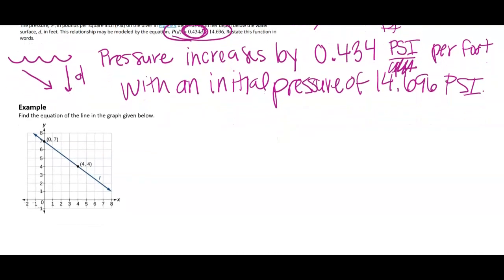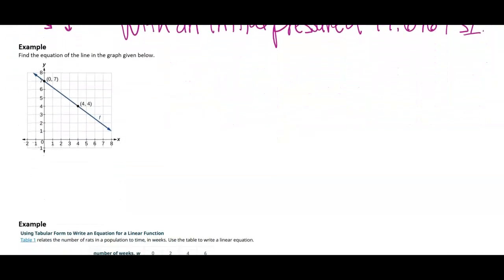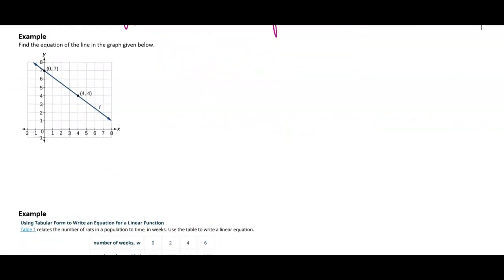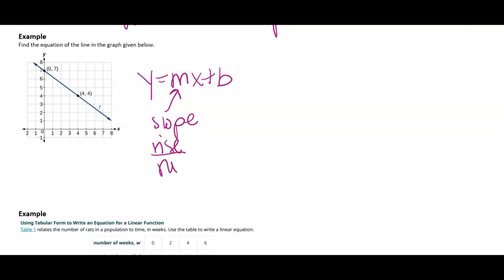All right, we can also find the equation of a line. So we have some words that we can use. We also have graphs that we can use in finding the equation. So in that y equals mx plus b, I need two things. I need the slope, which from a graph is going to be rise over run. And I need the initial start, or what's going on at x equals 0. So I have that here, (0, 7), so b must be equal to 7.